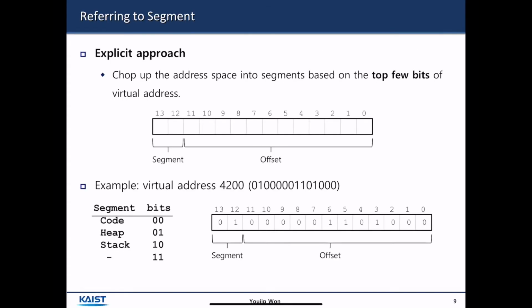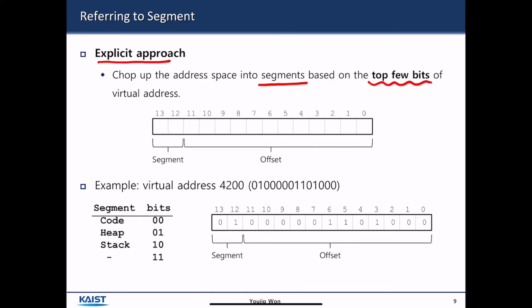The next issue is how we can identify which segment the address belongs to. There is an explicit approach. The explicit approach chops up the address space into segments based upon the top few bits of the virtual address. It uses the leftmost bits as a segment identifier.